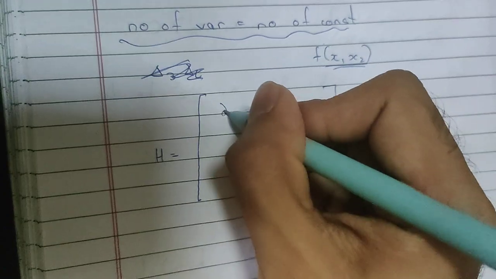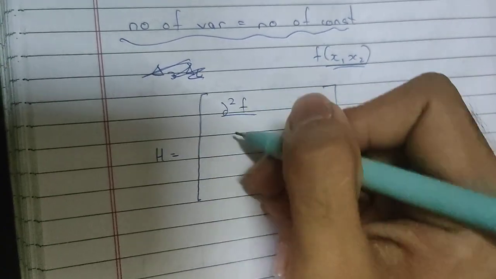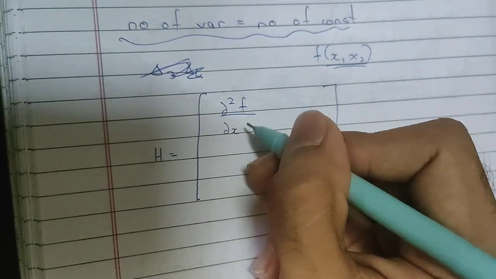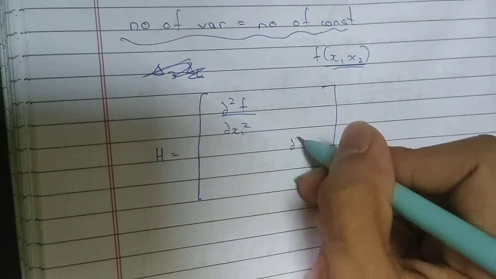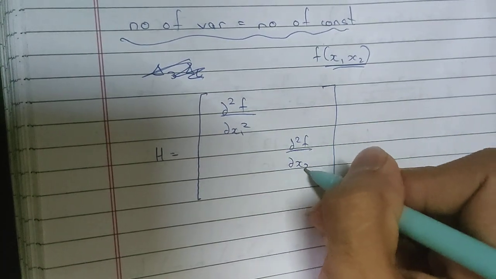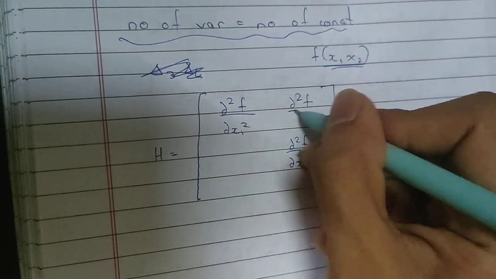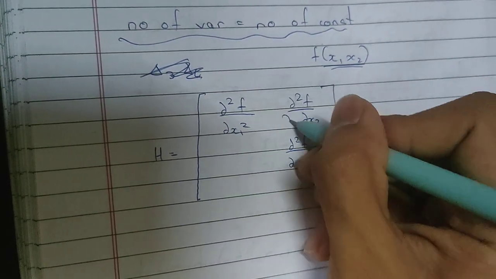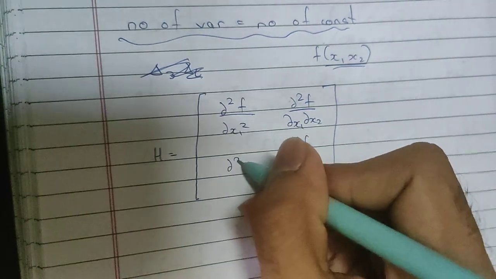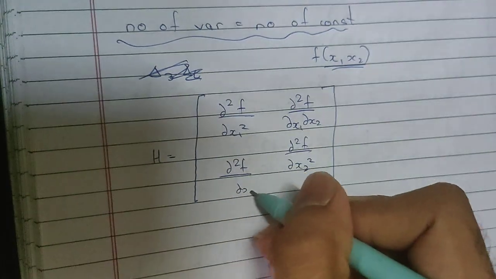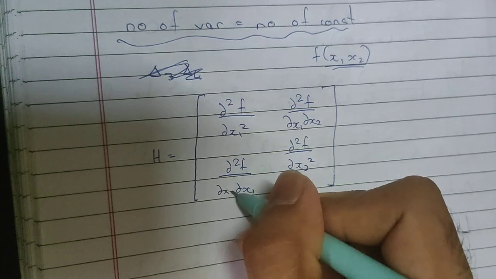Wait, I'll show you. So it has only 4 terms: del square f by del x1 square, del square f by del x2 square, then we have del square f by first x2 then x1, and this one is reversed: first x1 then x2.